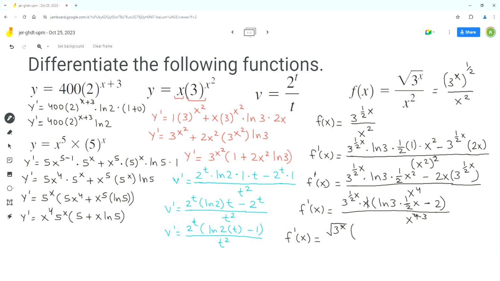And then, so it will be half x times ln 3 and minus 2 over x cubed. So this can be the final answer for the derivative of this fifth function.